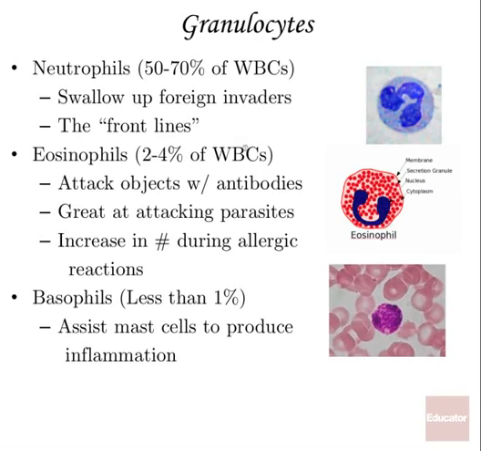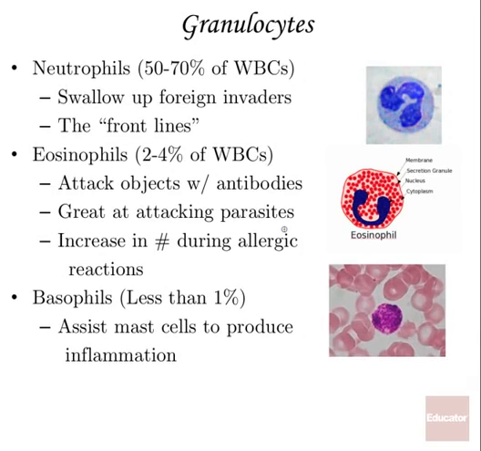Eosinophils are a lot less, 2 to 4% of white blood cells. They attack objects with antibodies. If antibodies, these globular proteins, have been attached to a certain bacterium, eosinophils notice it, since it's got antibodies on it like a marker, and they go and eat it up. They're great at attacking parasites.